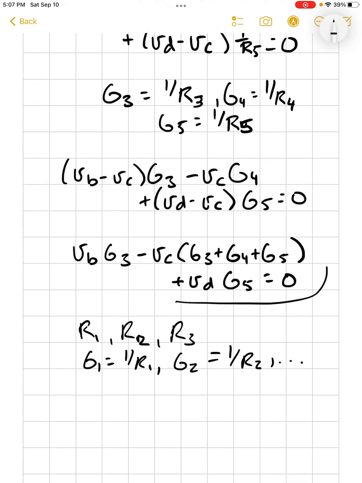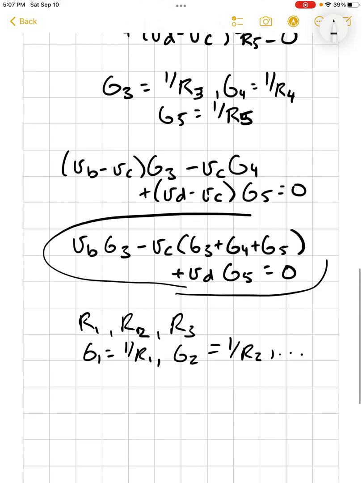If you take this equation, you actually have a current here, because a voltage times a conductance is a current. Because remember, it's the same thing as taking a voltage and dividing by a resistance. So you can't use the equation 1 that we had before and this equation, because they have different units. You have to make sure they're all the same type of equation.